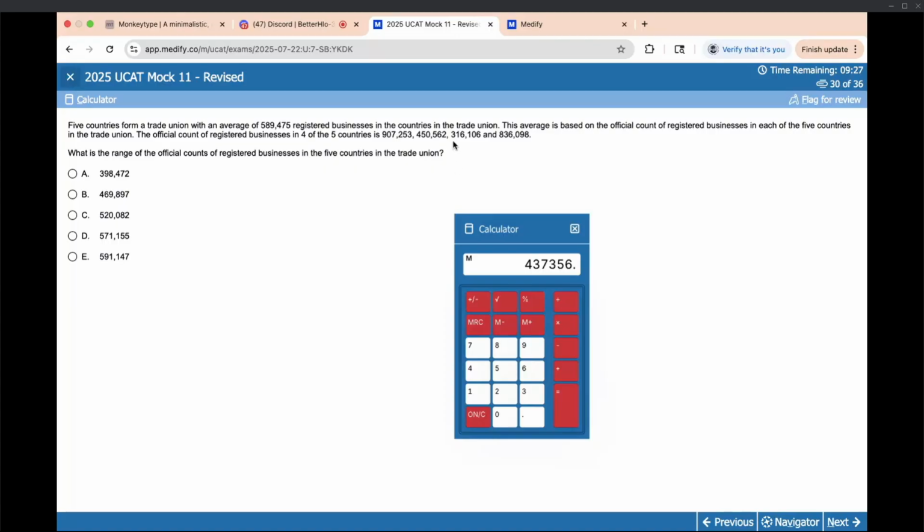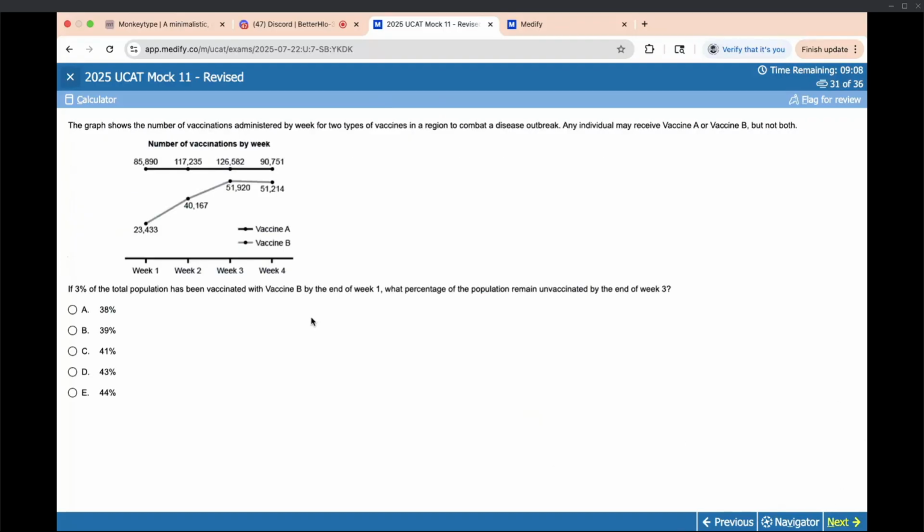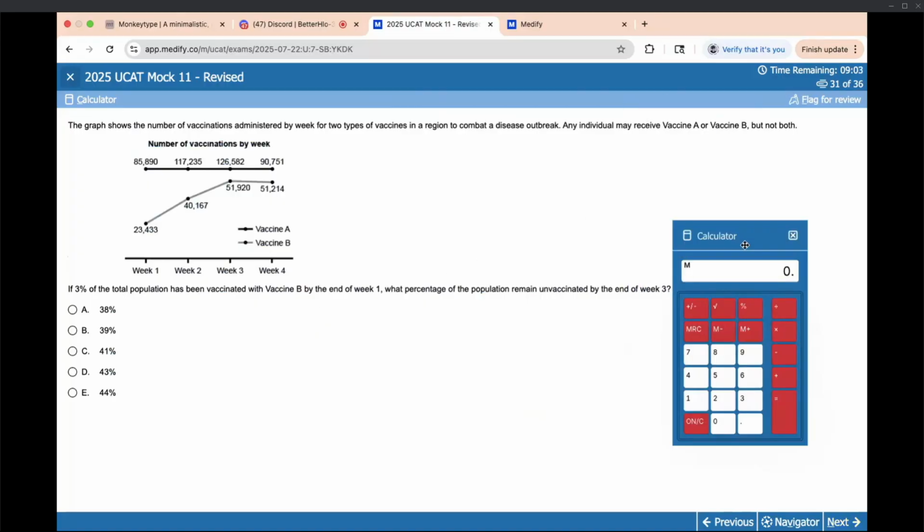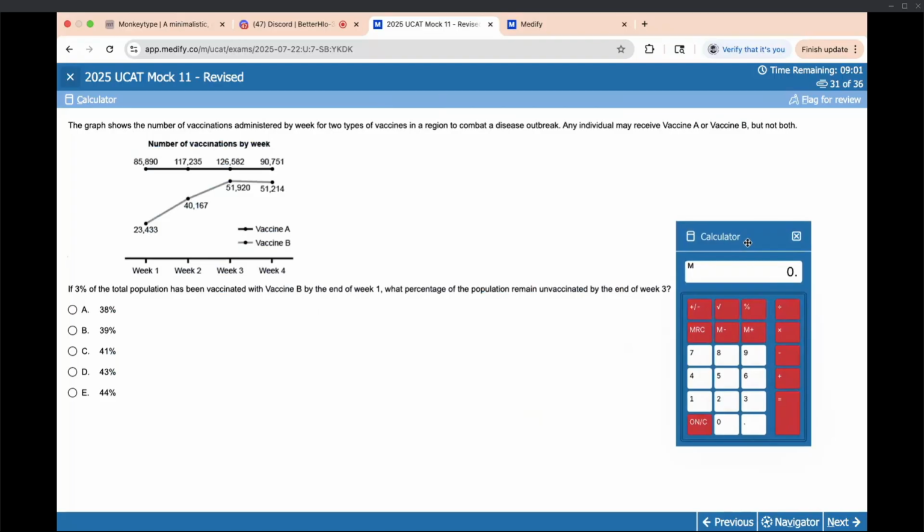So the smallest value is this one, and this is the largest. So 997,353. 23433.